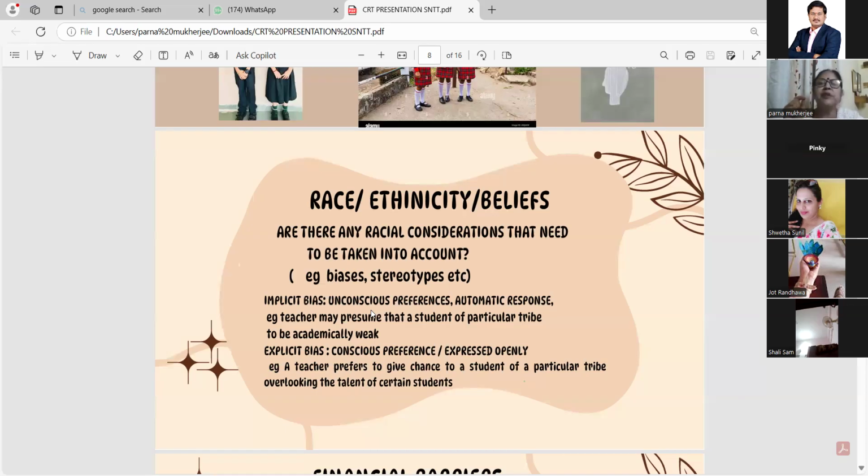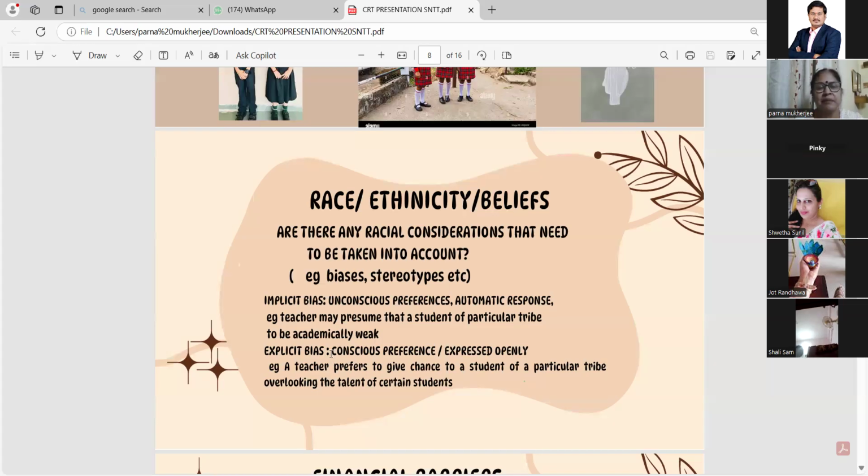You can see the number of athletes and players progressing and flourishing from that region. But maybe they are academically not at par with the other children of that area. Now, a teacher may always presume the student of a particular tribe to be academically weak, whereas possibly one among them is also academically good. So the teacher has a bias, or the teacher has to work on her bias.